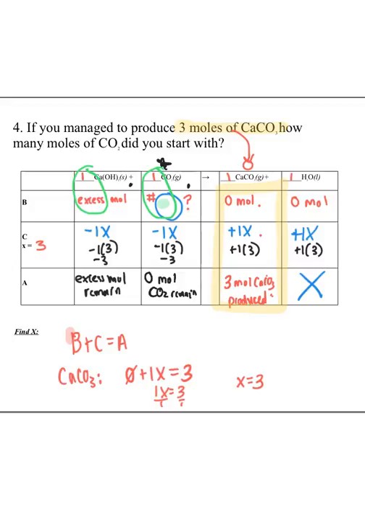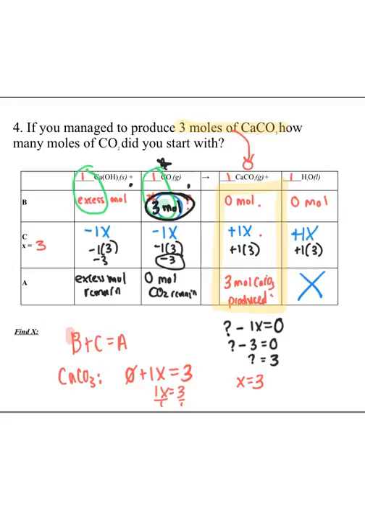So now, if I say my question mark minus 1x equals 0, and we know question mark minus 1 times x, where x is 3, equals 0, what does question mark have to be? Question mark has to be 3. What that means is this must have been 3 moles to begin, right? 3 minus 3 would give us 0 for our superstar.